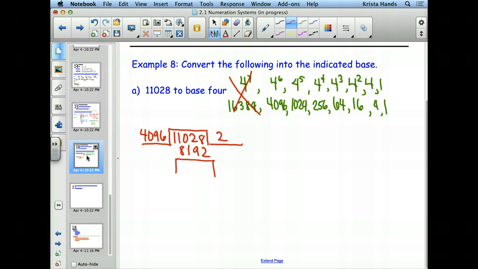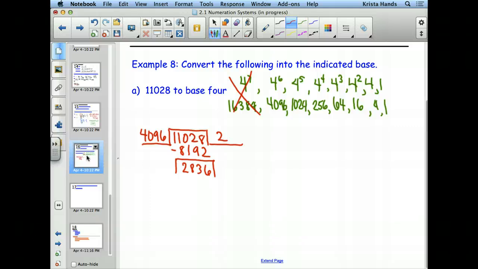So what do you get when you subtract? We multiply this 2 by this 4096. Okay, is everybody to this point okay?